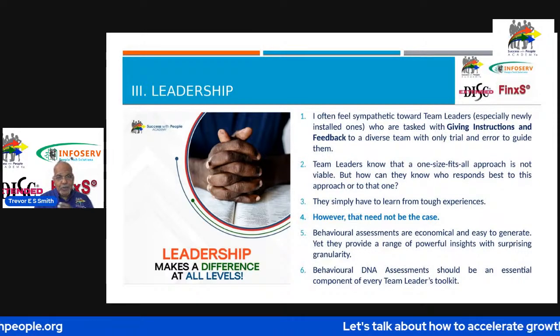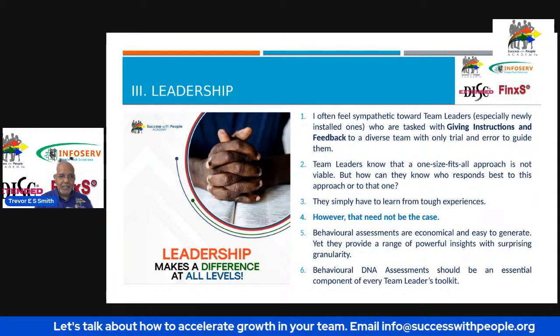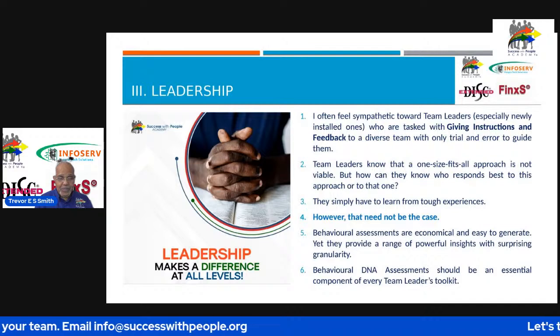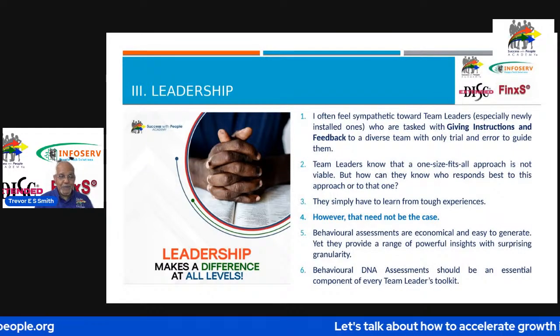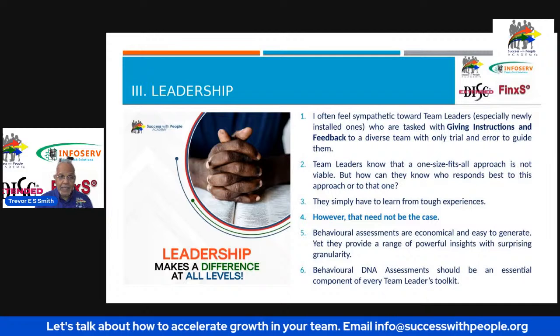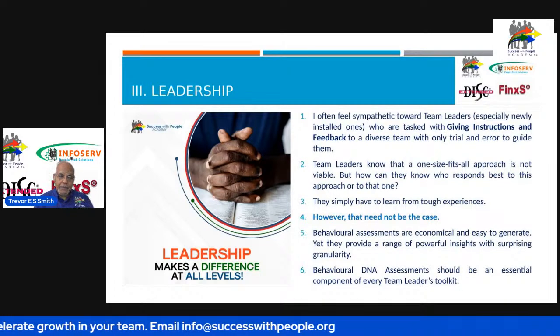So that's what the suggestion would be, that no team leader should be tasked to lead a team without having their behavioral map. It is really unfair, and the difference to performance and productivity will be a sea change, just simply by understanding that this is who Trevor is in terms of his behavioral preference.